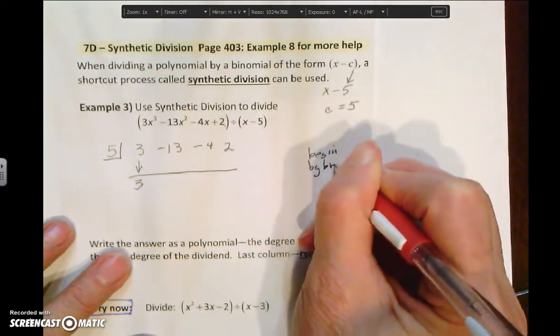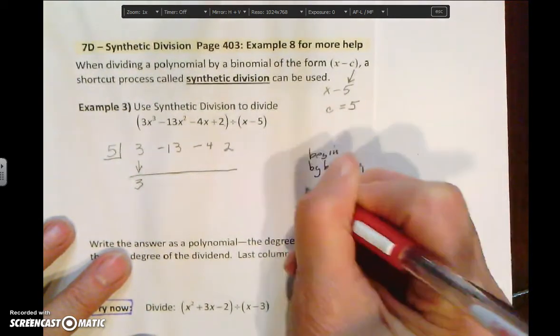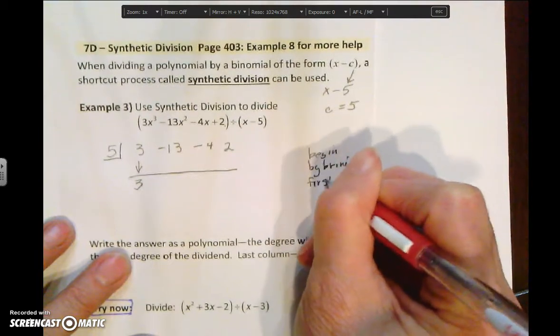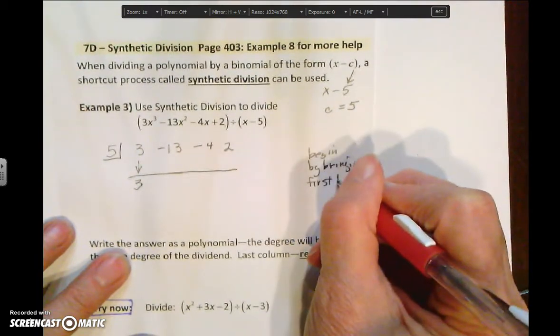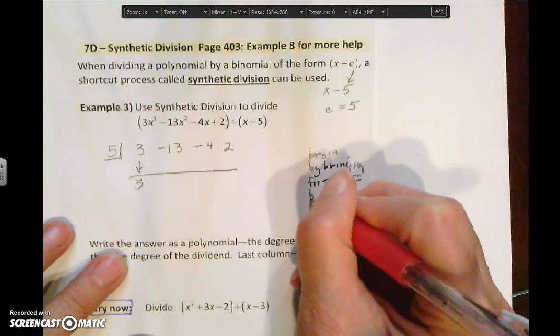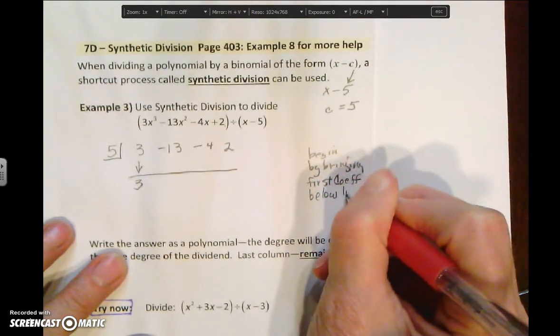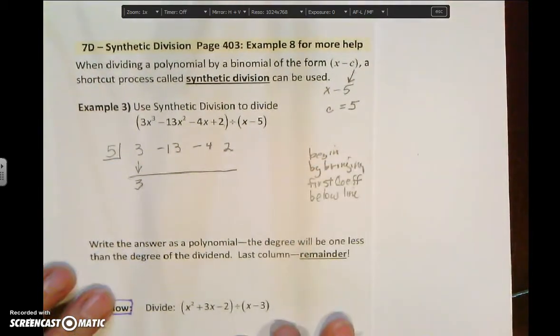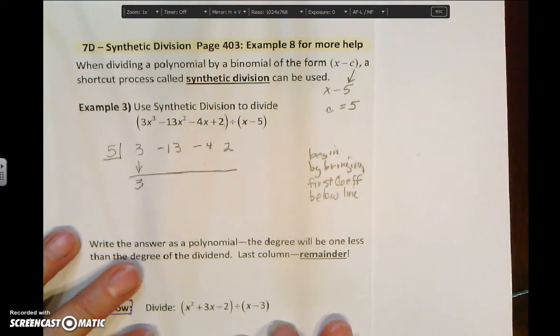Begin by bringing the first coefficient below the line.